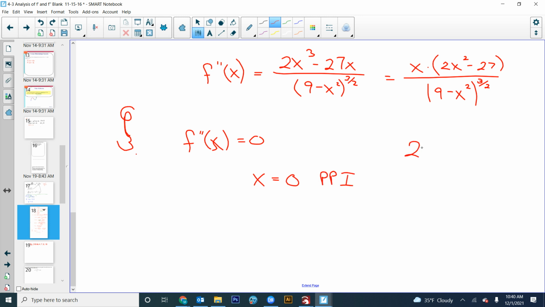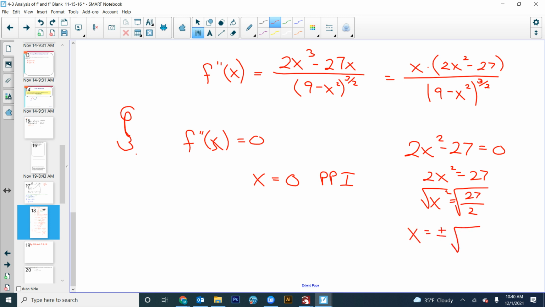And what happens when we set 2x squared minus 27 equal to 0? We get 2x squared equals 27. We get x squared equals 27 halves. Square root, we get x equals plus or minus, don't forget that, the square root of 27 halves. There's another, actually 2, possible points of inflection. Are you with me?